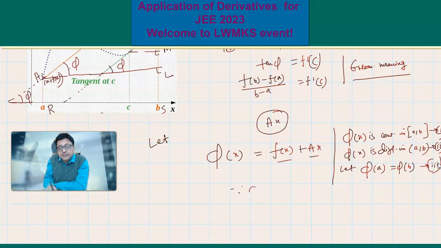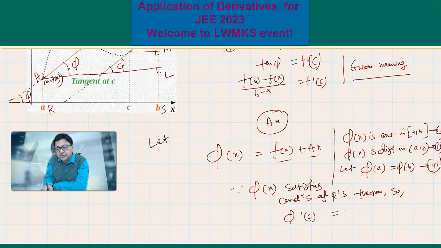Since phi(x) satisfies the conditions of Rolle's theorem, we can put phi'(c) equal to 0, where c is a point between a and b.